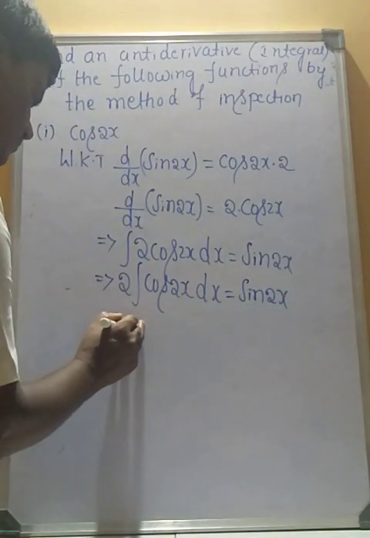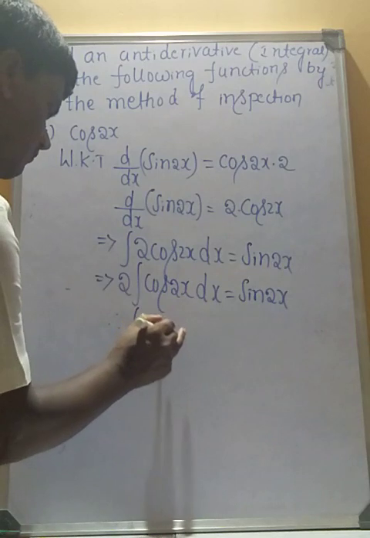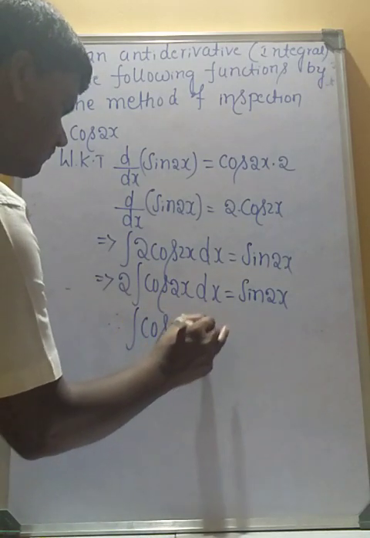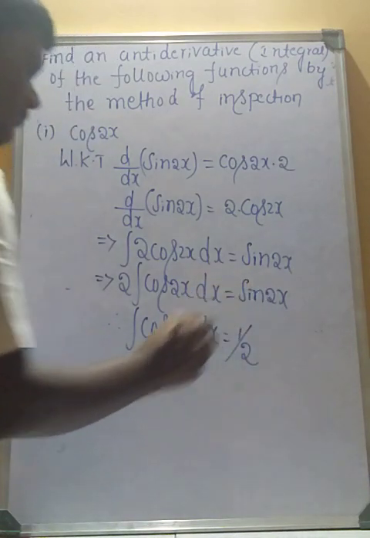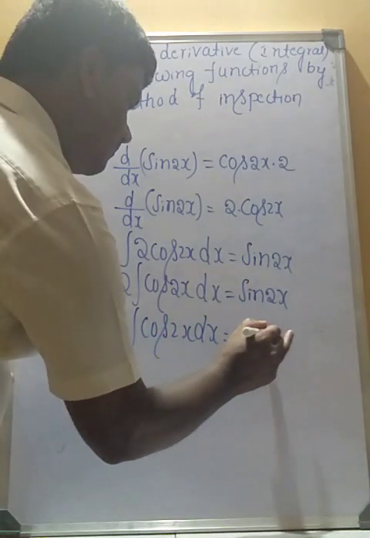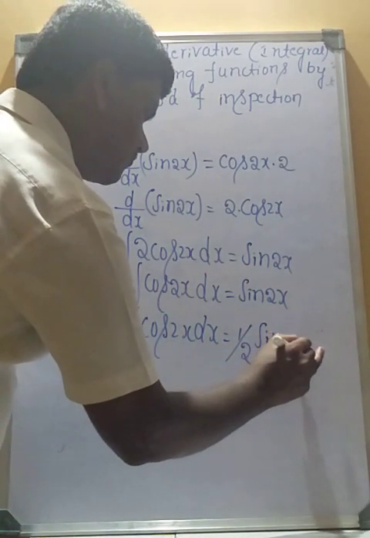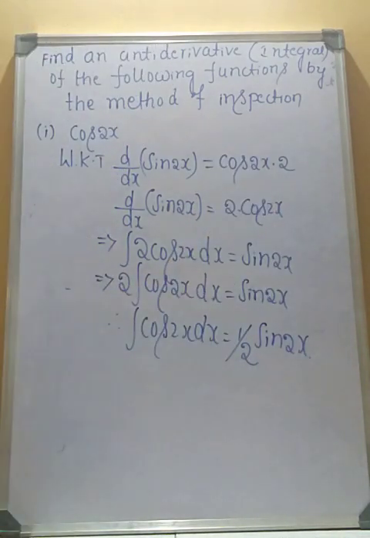Therefore the integral of cos 2x dx is equal to 1 divided by 2 into sin 2x.